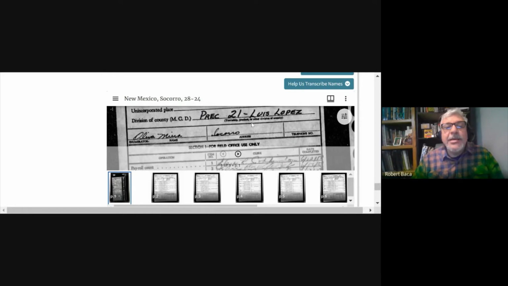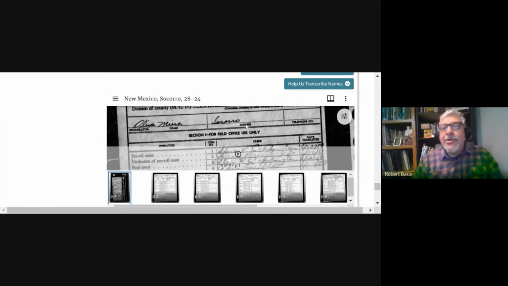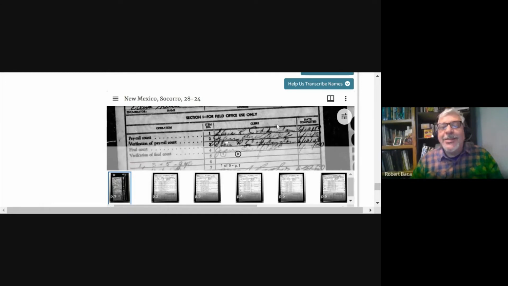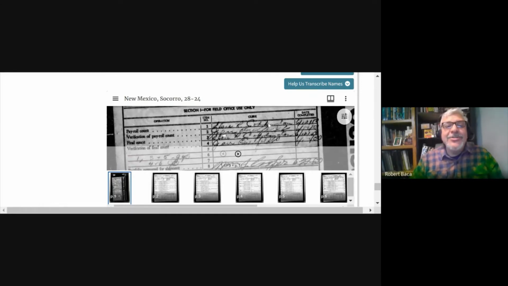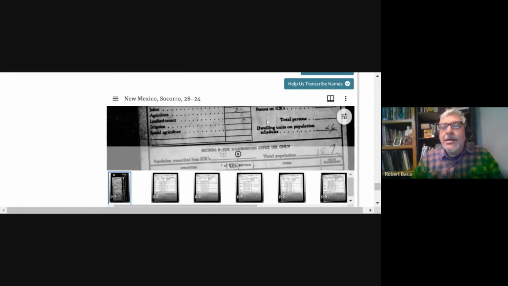Olivia Miera is the enumerator, and from Socorro. This isn't the one I looked at earlier. That's okay. I had seen one where it actually had the telephone number, and it had like 4 numbers and a letter. Then various clerks that worked on it.